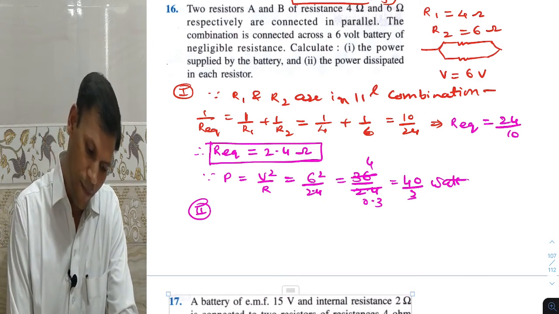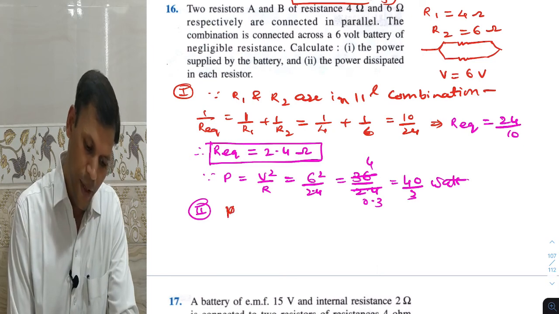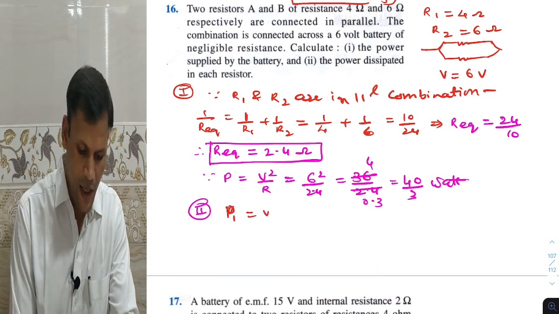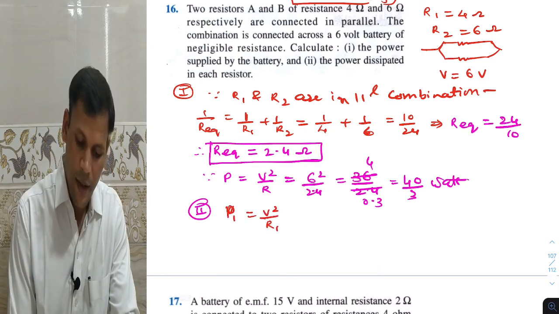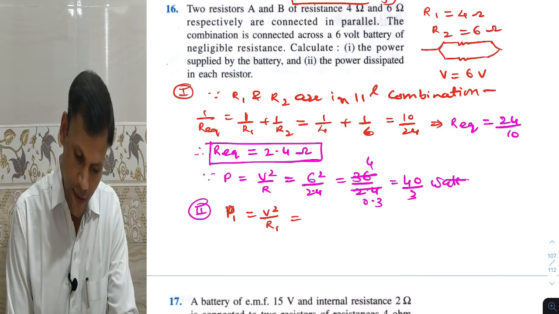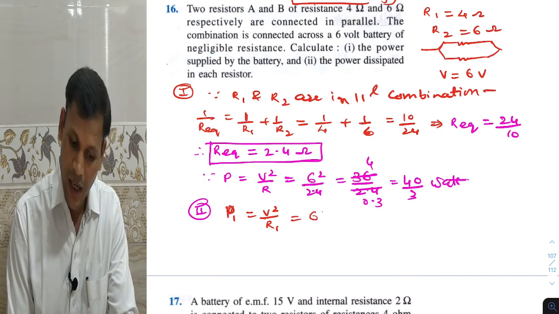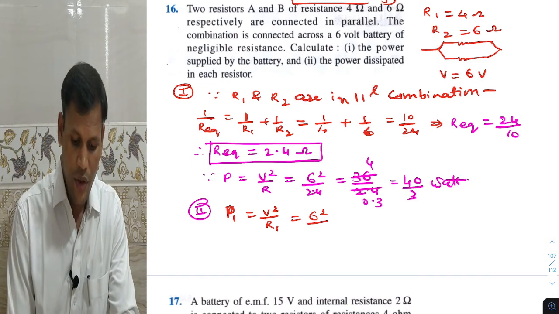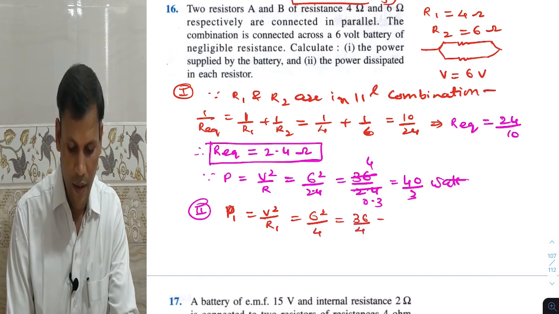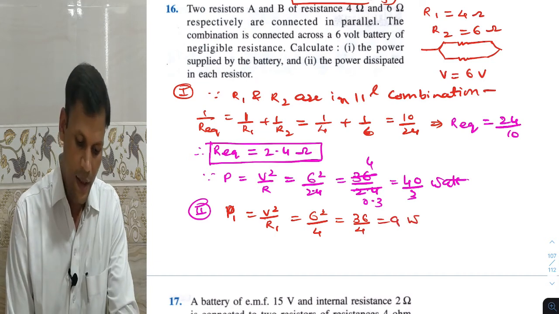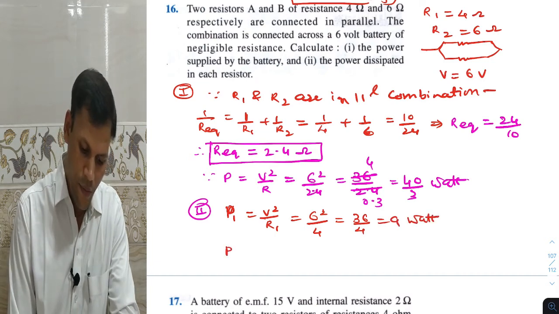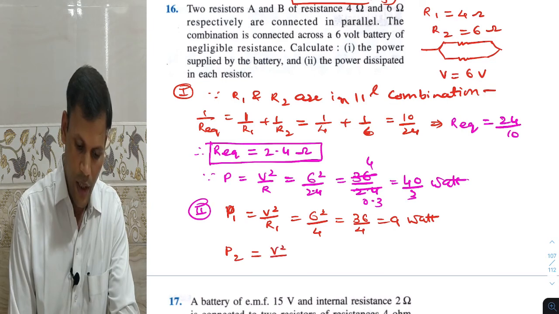P1 will be V square by R1, so 6 square upon R1, which is 4. So 36 by 4, that is 9 watt.